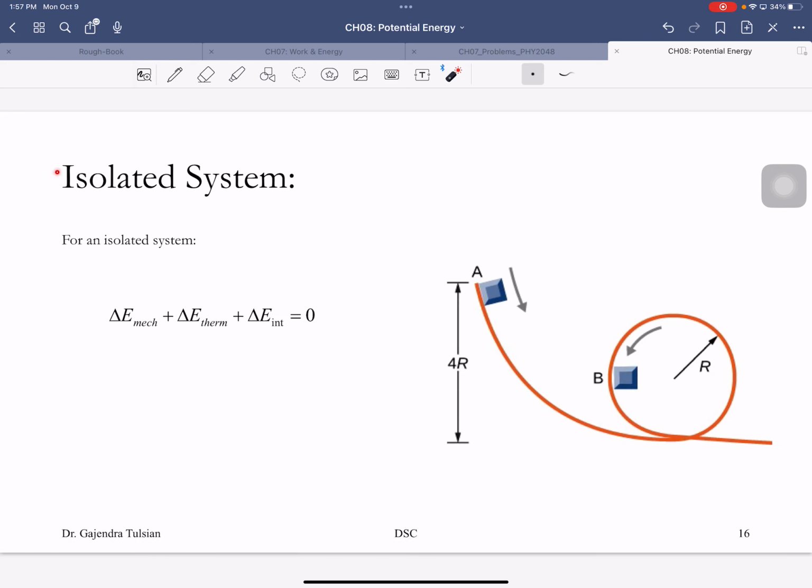So for an isolated system, if you have a system, you leave it to itself, and there are no external forces acting on it, then the change in mechanical energy plus the change in thermal energy plus the change in internal energy, the sum of all those changes, is zero. For an isolated system, the total energy of the system remains constant.